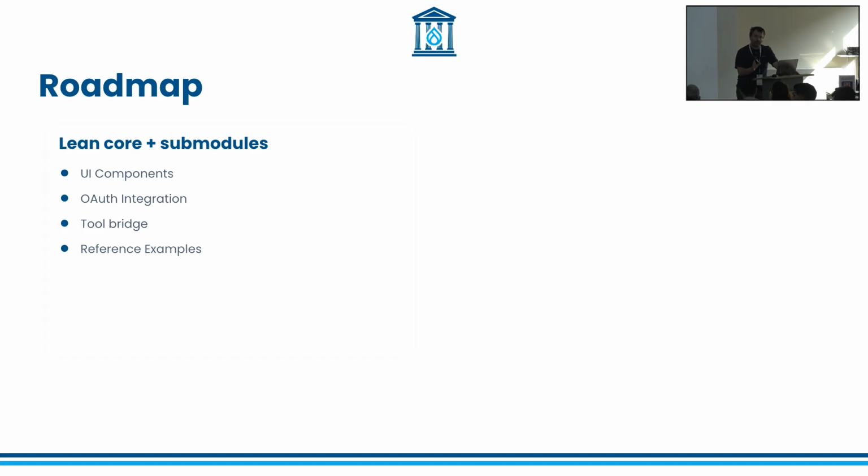I mean the core module, like the JSON API module, for example. And this module can also define submodules, for UI components, for OAuth integration, for tool bridge, for reference examples, for anything else except the core, which just follows the MCP specification, nothing more.